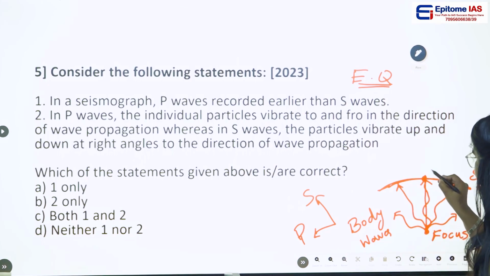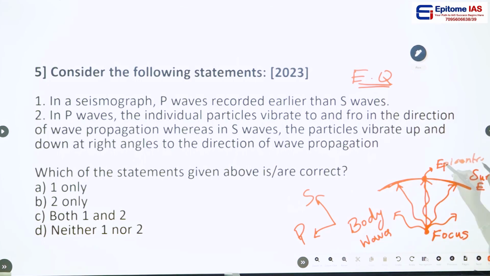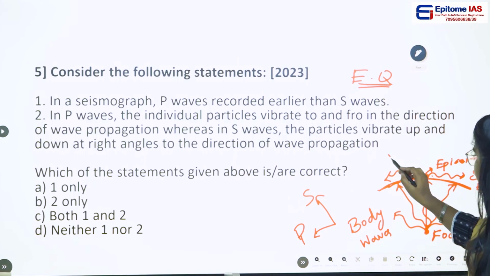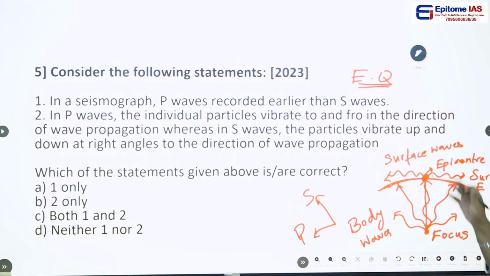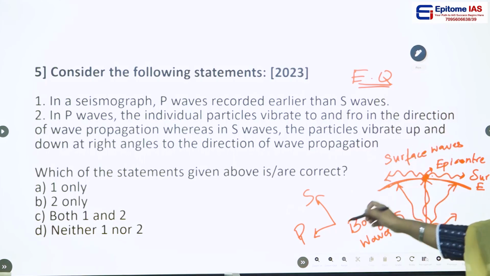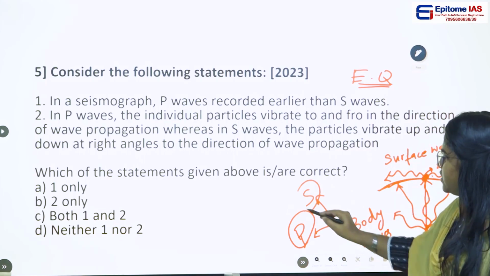That point is called the epicenter. After reaching the epicenter, another sort of waves are formed, and these are called surface waves.